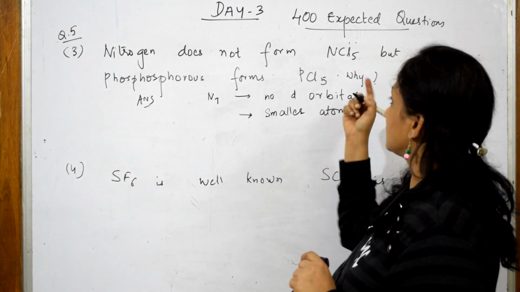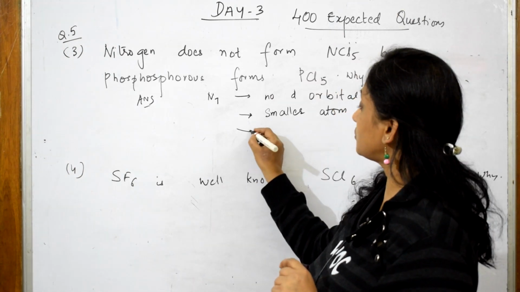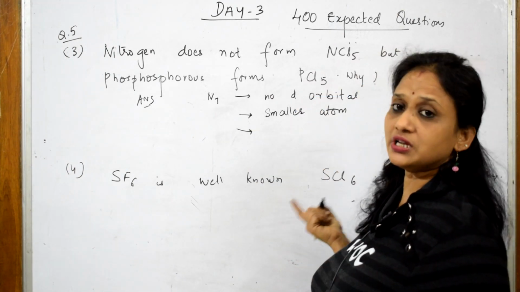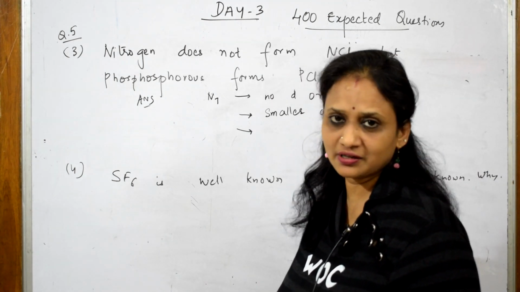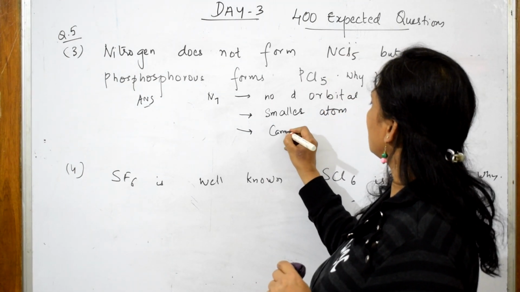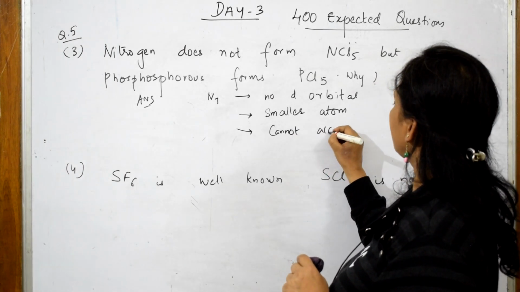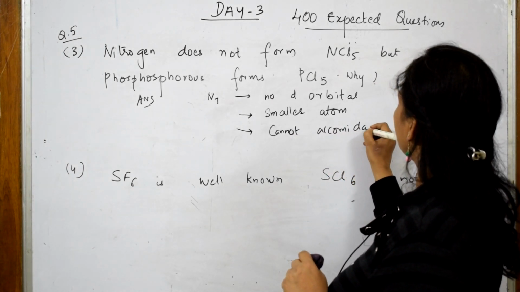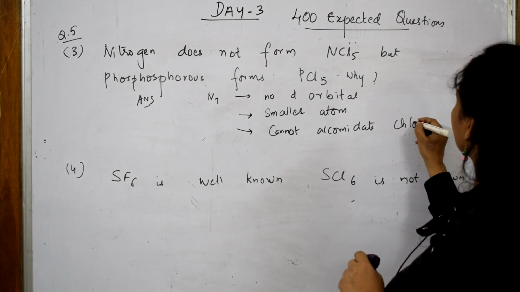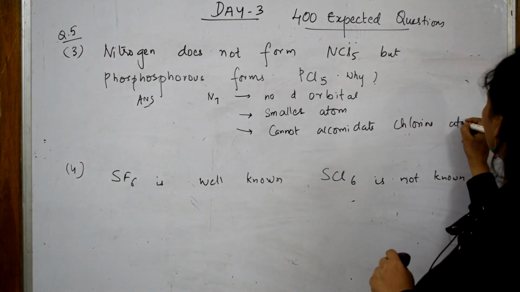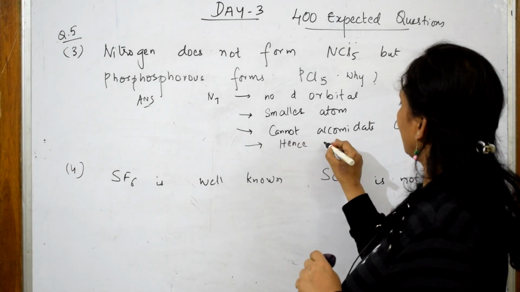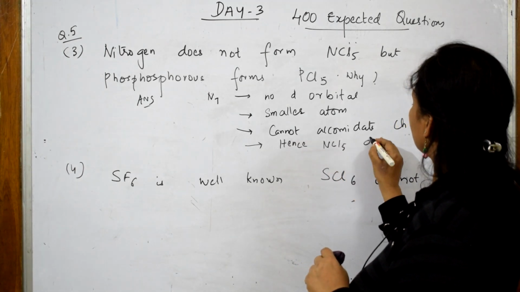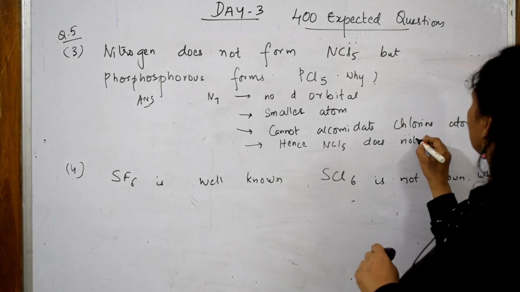Now the next one. What is important? When there is no d orbital and the size is smaller, can it accommodate chlorine? Correct, so it cannot accommodate chlorine atoms. Hence, NCl5 does not exist.